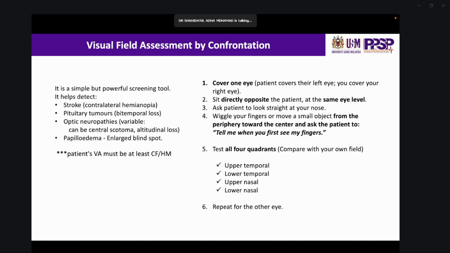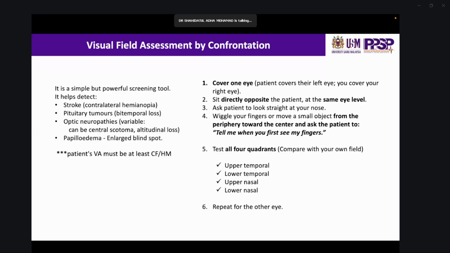All right, so you are comparing the patient's visual field with your visual field. Most important is that you sit directly opposite the patient, okay, and at the same eye level. The patient should always maintain fixation on your nose or on your eyes. Either way is okay.